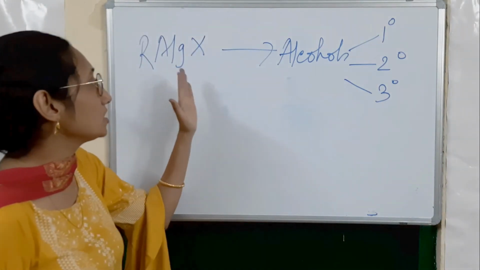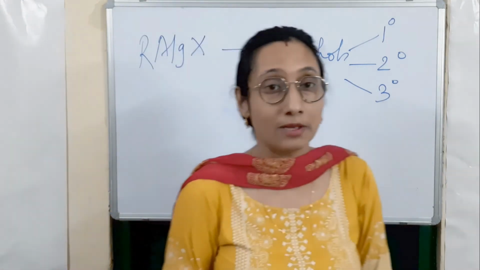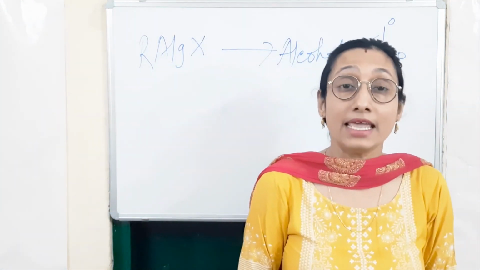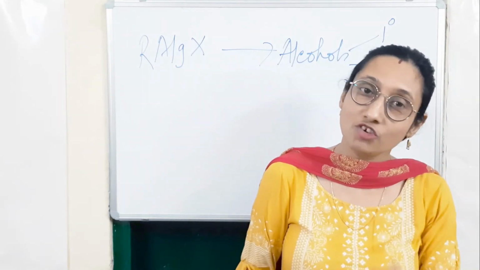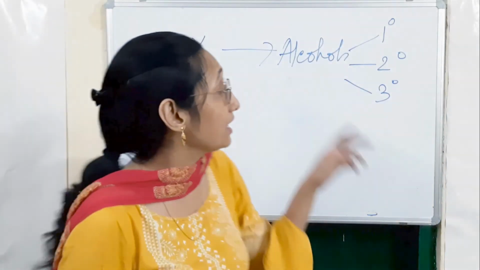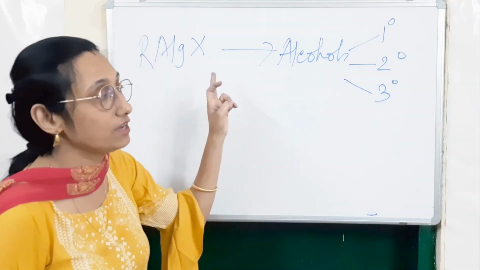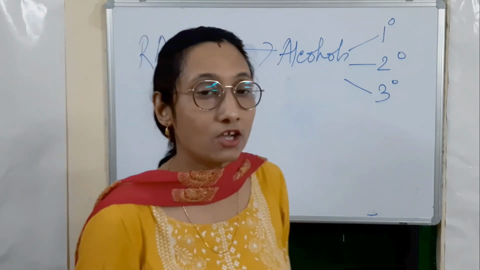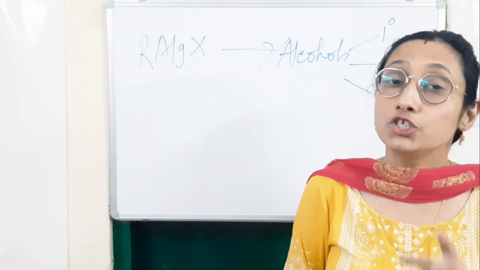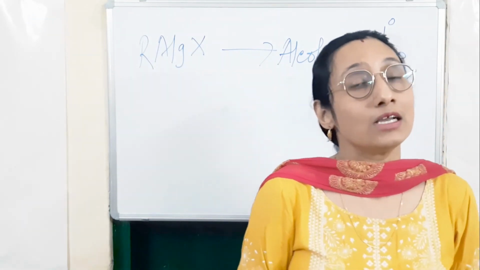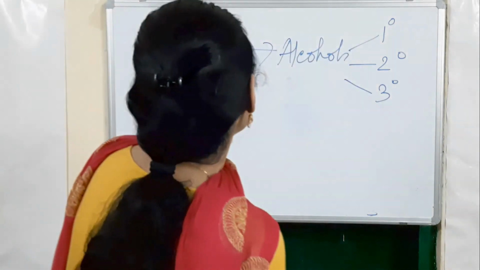And ketones plus Grignard reagent will give us 3 degree alcohol. But at the same time, ester with Grignard reagent will also give us 3 degree alcohol. But remember, ketones with 1 molecule of RMgX will give us 3 degree alcohol, whereas ester will require 2 molecules of RMgX to give us 3 degree alcohol.